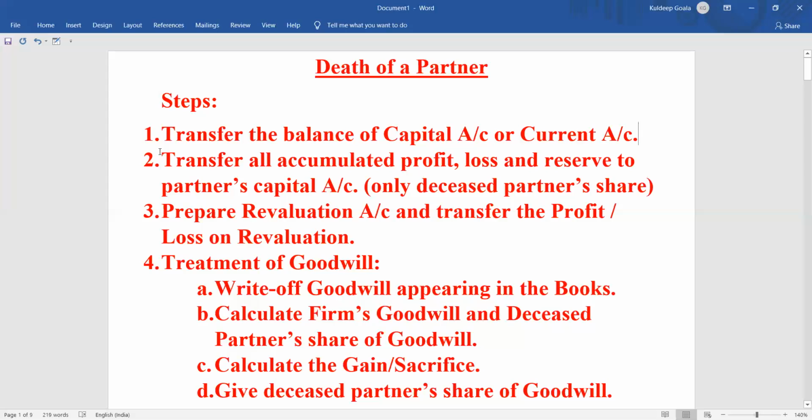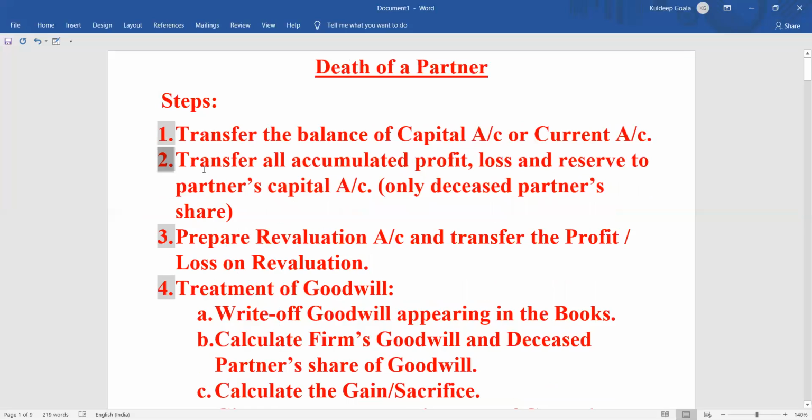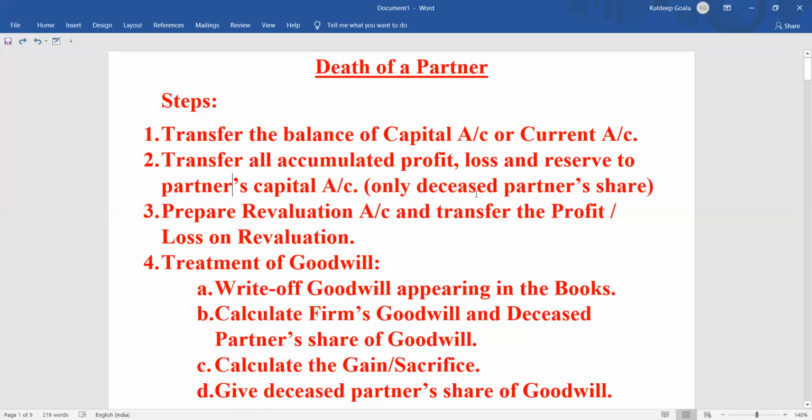Then after that, transfer all the accumulated profits, losses, as well as reserves. All these things will be transferred to the partners' accounts. After that, you have to prepare the revaluation account and transfer the profit or loss on revaluation to the partners' accounts. It's the same as in the case of retirement. Then we'll go for the treatment of goodwill. If goodwill already appears, then we'll write it off.